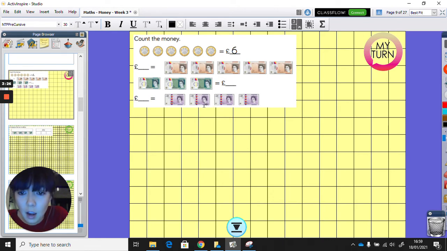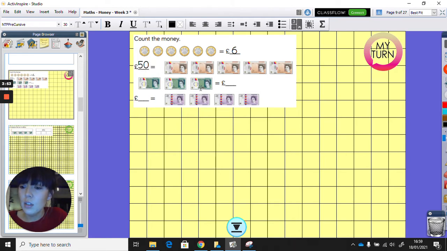Our next ones, these are £10 notes, okay? You've probably seen them before. £10 notes are kind of like an orangey colour. That means we're counting up in tens to work out how many pounds altogether. 10, 20, 30, 40, 50. So that person's got £50. It's a lot, isn't it?